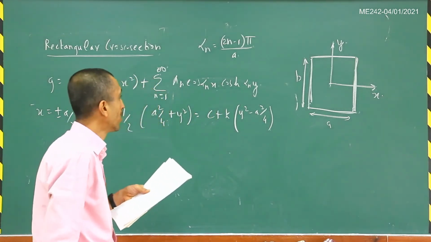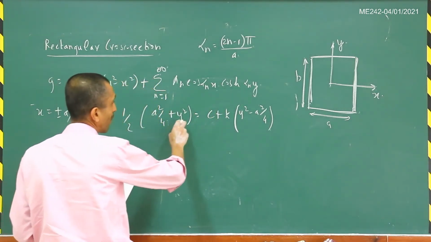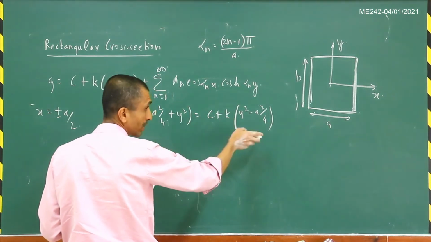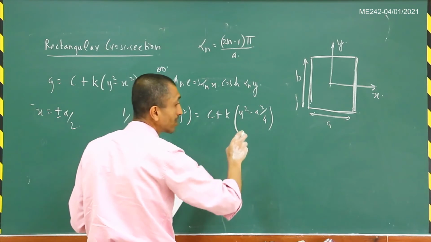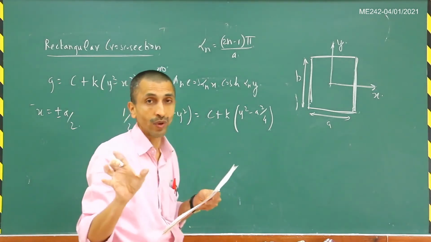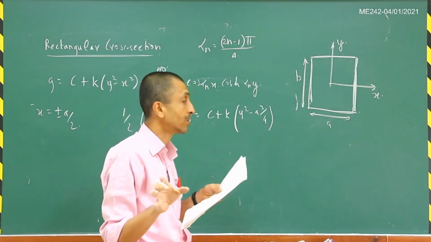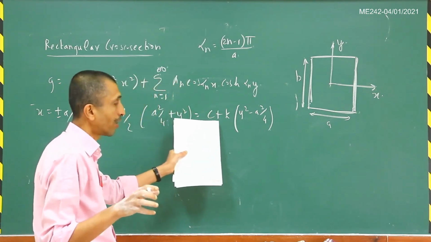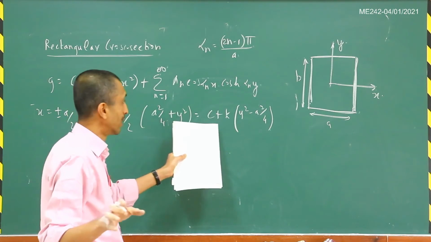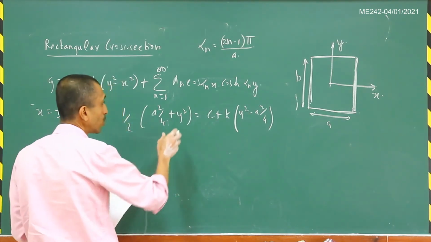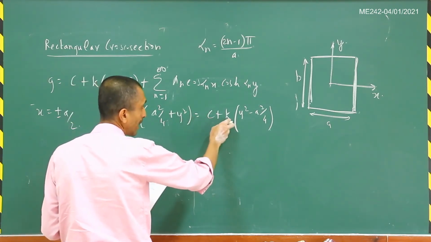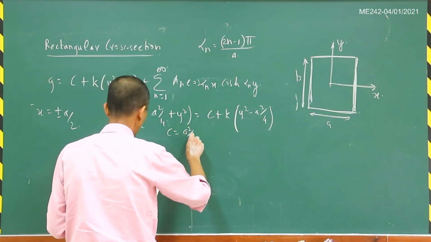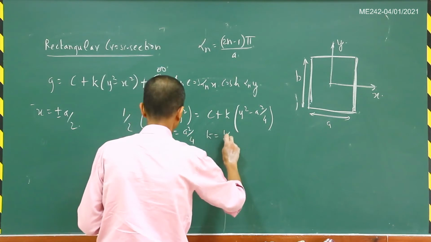And so we can match the coefficients of y square and the constant, and then actually these are two equations, because as I said, the functions constant and y square are linearly independent functions. From that we can get two equations for the two unknowns c and k. So what you will get is that c is equal to a square by 4 and k is equal to 1 by 2.